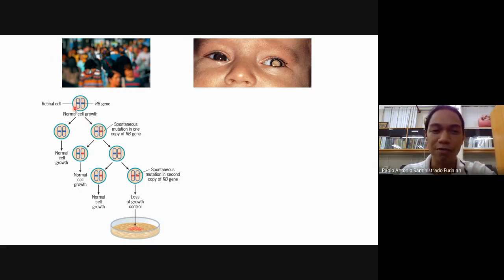So even if nag-mutate ang isa, the other RB gene is still okay. Wala pa retinoblastoma. The retinoblastoma will only appear when both of the genes are mutated. And this chance that both will become mutated from both normal is very rare. And that's the reason why in the general public, retinoblastoma is rare.